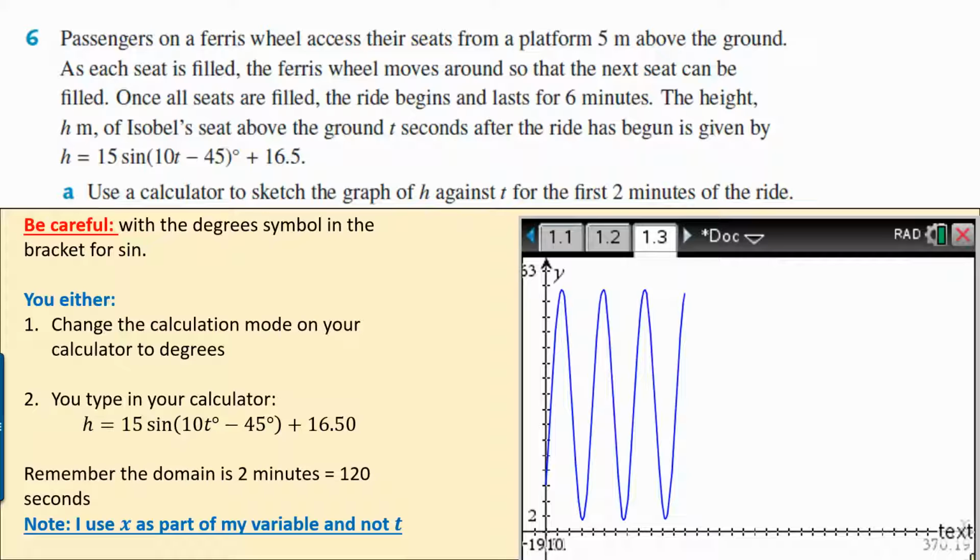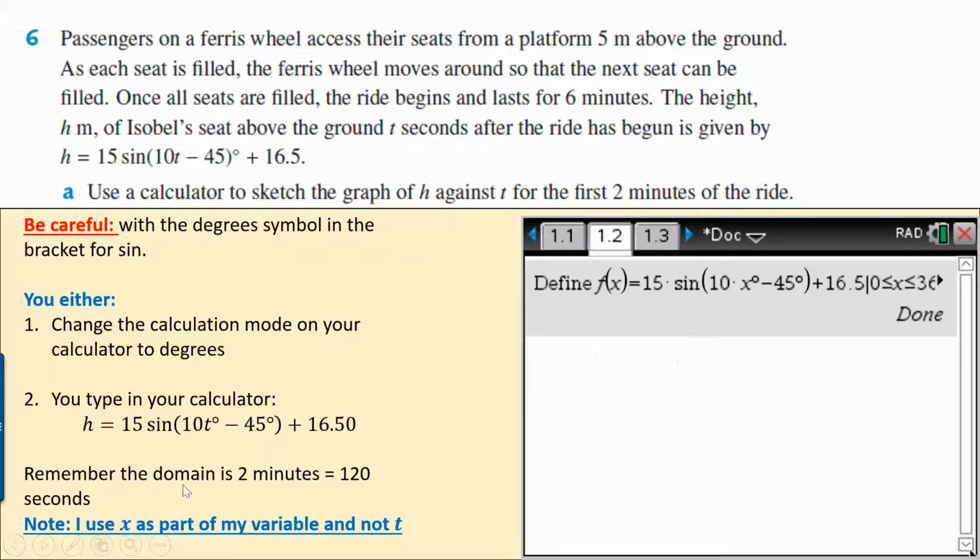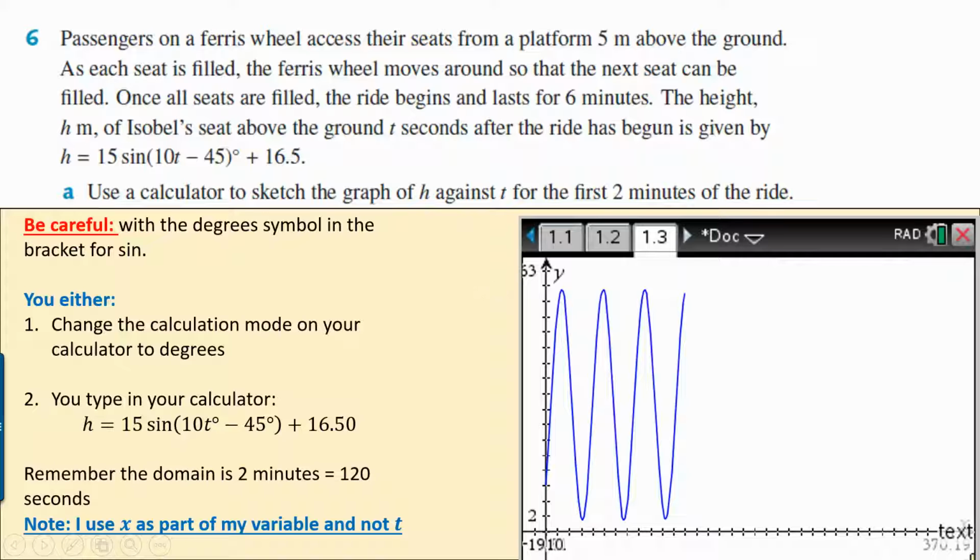But when you type in your calculator, you normally write it in terms of X, and so you normally write your answers in X. Be careful, this is in terms of T. So when you type out your function, type in terms of T as well. If you wrote X over here and T over here, it doesn't work. If you're going to use T, then you have to use T and T. But then the problem is that when you're sketching it, it's a y-axis to x-axis, so it's not going to sketch either. So just be careful that depending on the question, you've got to remember the x is the t. It's just a different letter.